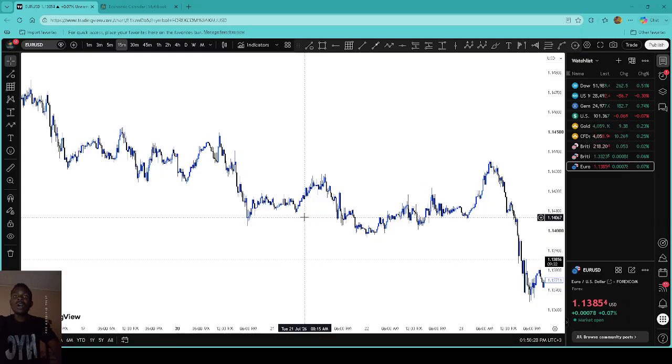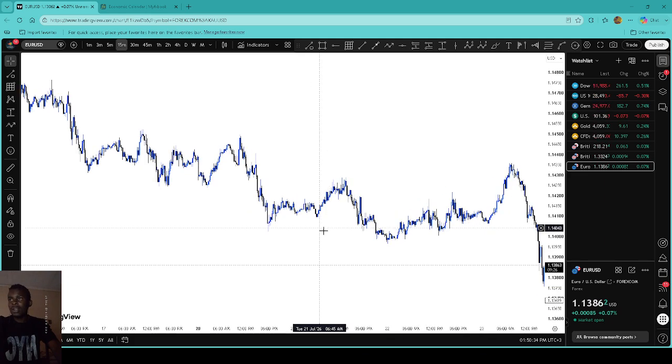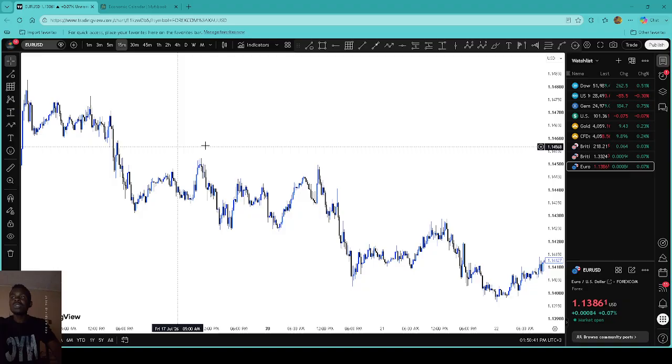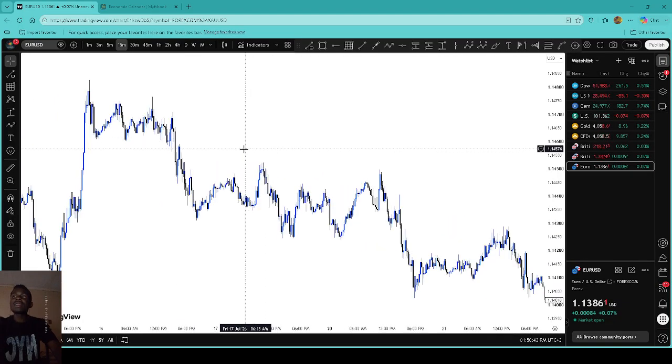So for now we are going to identify both and see how price reacts to them. Number one, let's start with the bearish order blocks, because the market's already bearish. So as we said yesterday, when the market is dropping, we look for sales. Now the order blocks are the ones that are going to guide us in where to sell from.